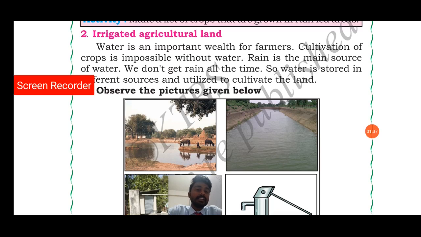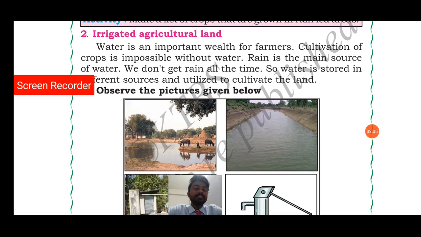So water is an important wealth for farmers, because most crops need water. Almost all types of crops need water. That's why water is an important wealth for the farmer.